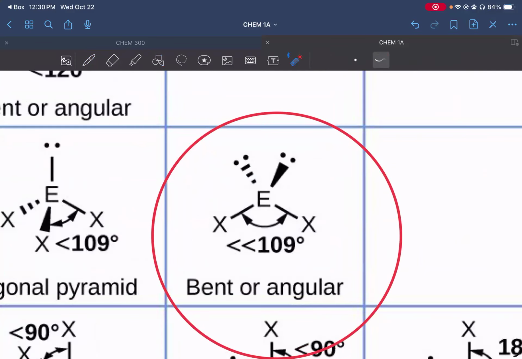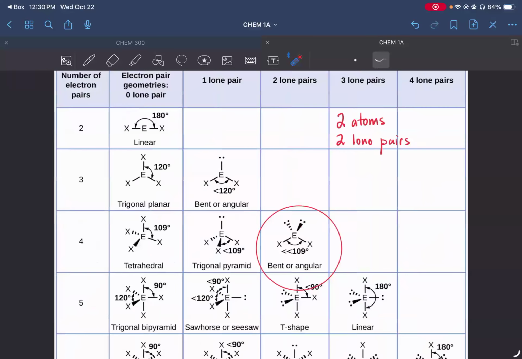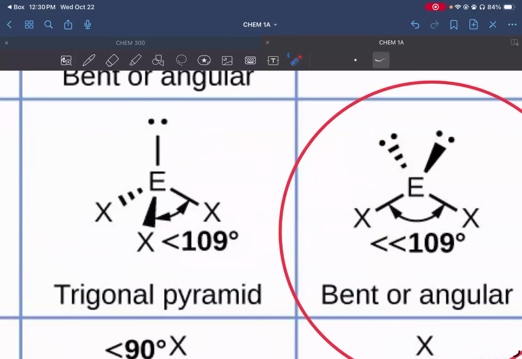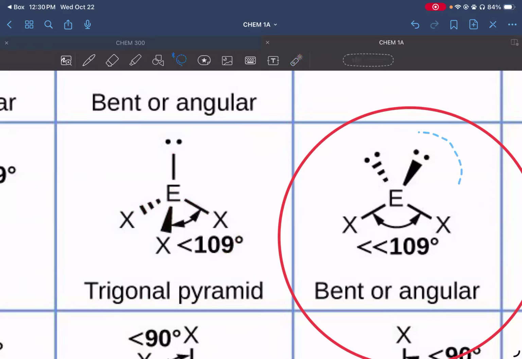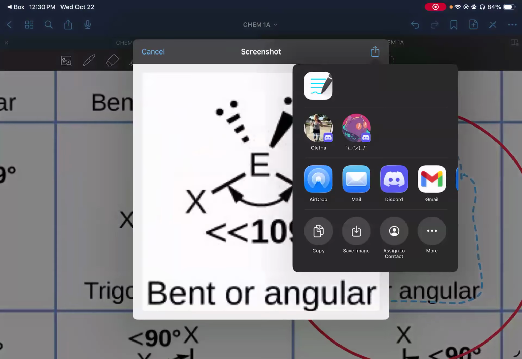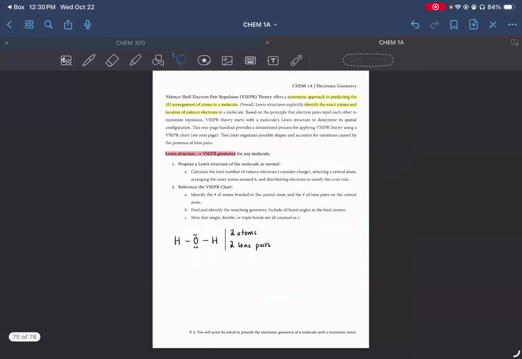This generic drawing has a central atom that has 2 atoms connected to it and 2 lone pairs. No other template here follows that exact criteria. In other words, if we were to look at one immediately to the left, what we would see instead is that central atom attached to 3 atoms and attached to 1 lone pair. That is what tells us that our VSEPR geometry will most closely resemble the bent or angular VSEPR geometry.